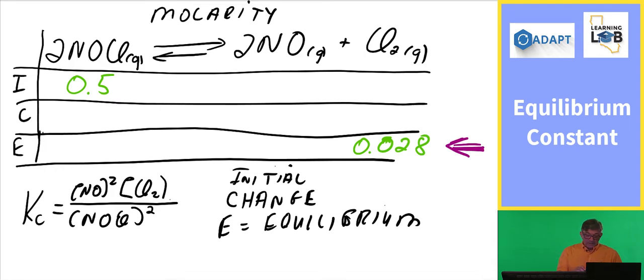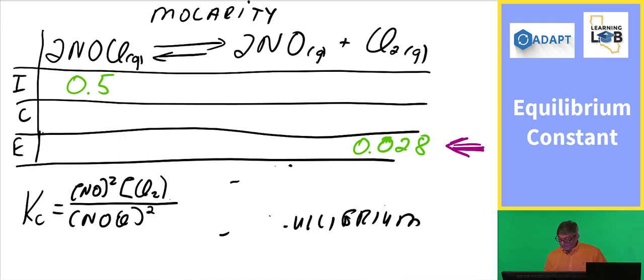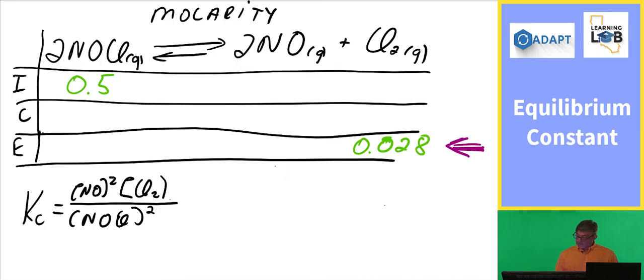All right, so how we're going to go about doing this, let's complete our top row, which is initial. The fact that we are not given any concentrations of the products initially, we are to assume that those values are 0.